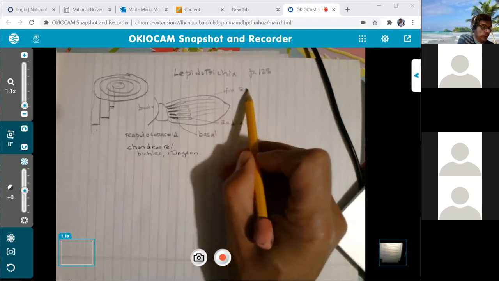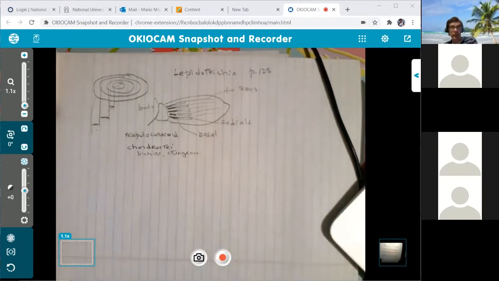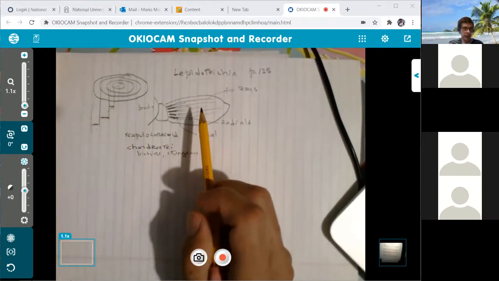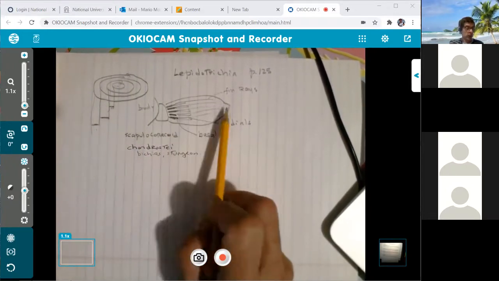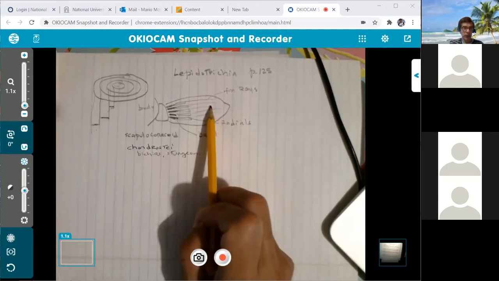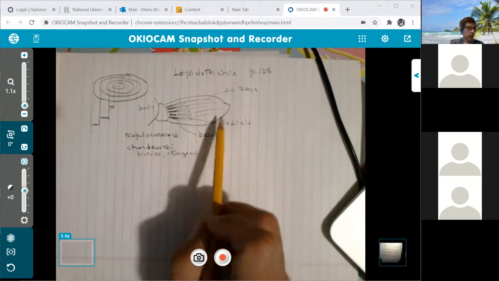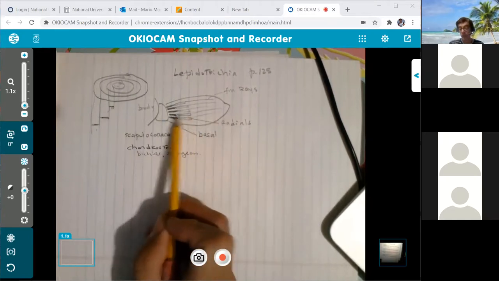Next time you have a whole fish in your hand, you grab the fins, and if you feel the inside of the fin, you can feel the rays. Some will be really, really soft, and then you'll feel some that are harder, tougher.